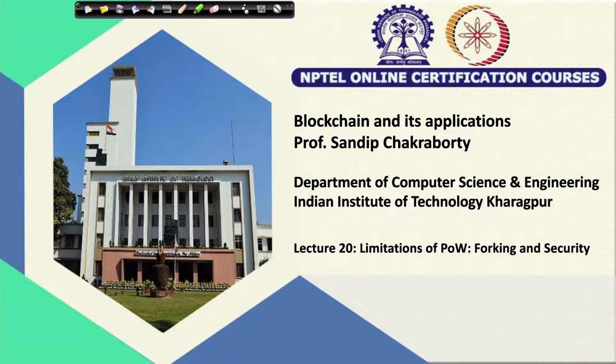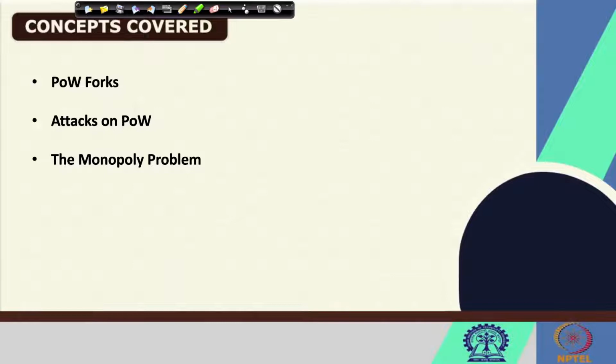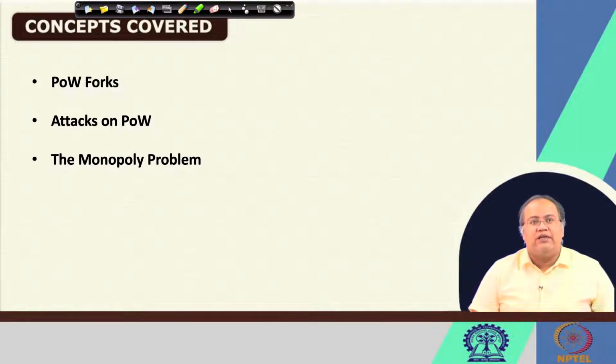Now, what we are going to cover today is first this proof of work mechanism, and if you remember, in the last class we stopped at the point where we tried to see what happens if there is more than one miner who is going to propose a new block.